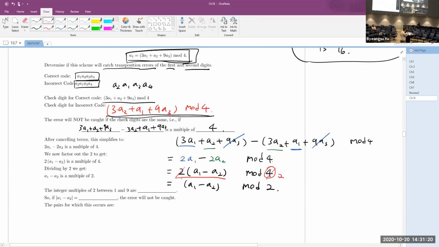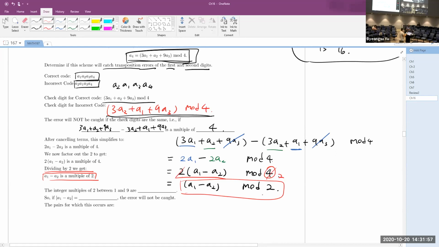Then this one is 2 and this 2 is just deleted. Does it make sense? So divided by 2, you get A1 minus A2 is a multiple of 2, right? Because if A1 minus A2 is a multiple of 2, then by multiplying by 2, you get a multiple of 4. So the remainder of A1 minus A2 is the same as when you divide it by 2, right?